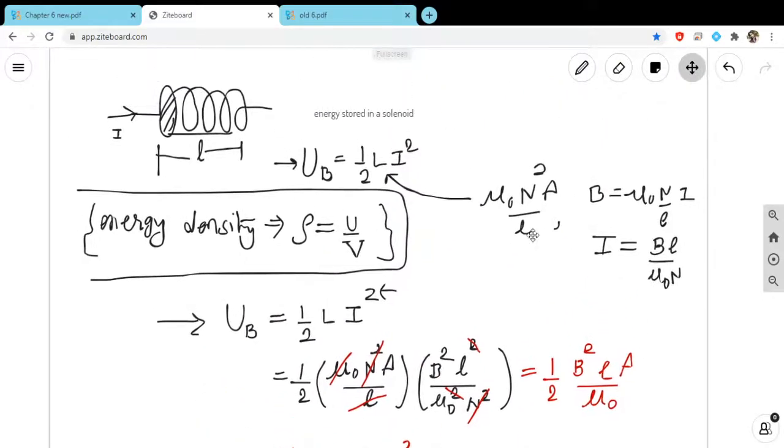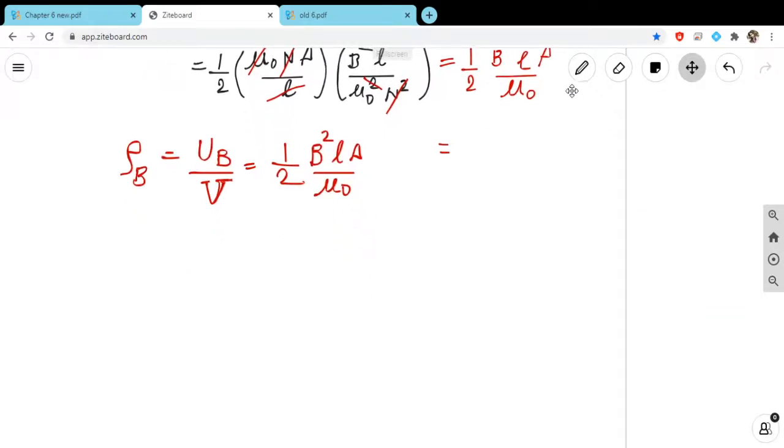You see here the solenoid having length L and cross sectional area A, so the volume is AL. Again A gets cancelled and L gets cancelled, and that's why our equation is half B square by mu naught. Okay, so what equation is this for? This is the equation for energy density.